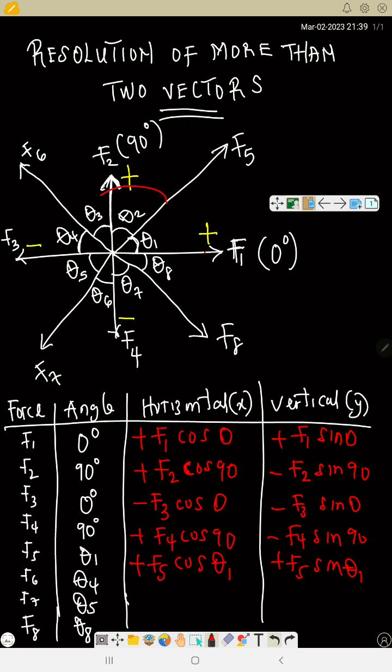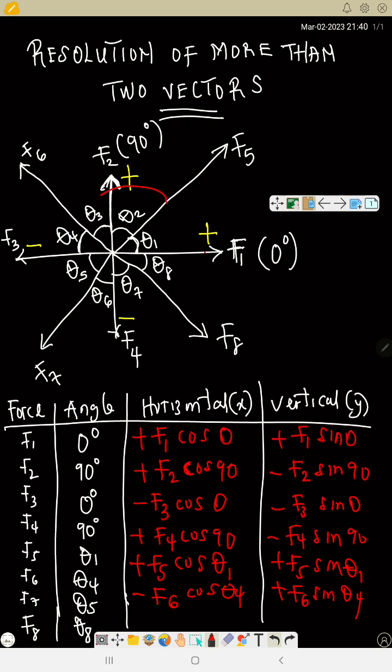Let me do one more. This is F6. Move it to the horizontal, the sign is minus. Also move it to the vertical, the sign is plus. So to horizontal is minus F6 cos theta 4, plus F6 sine theta 4.